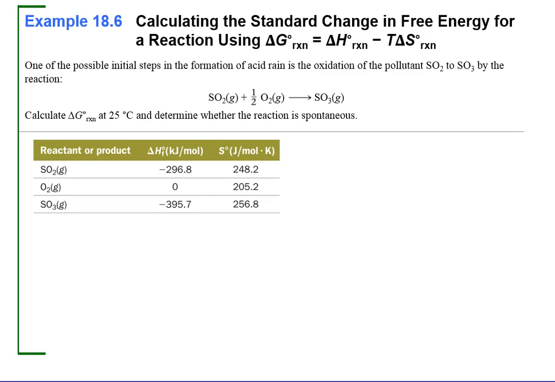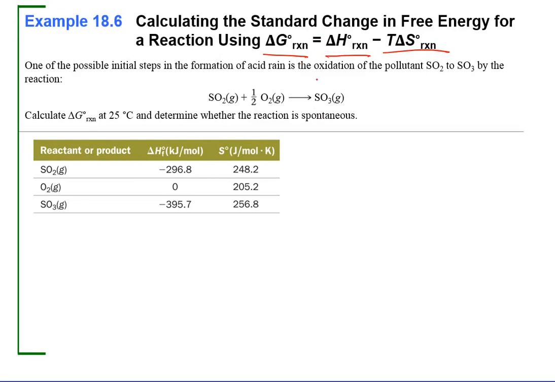Calculate the standard change in free energy for a reaction using delta G, using delta H, and then T delta S. So this one is a long problem, because first you need to determine the change in enthalpies, then you need to determine the change in entropies, and then afterwards you need to plug them in here.